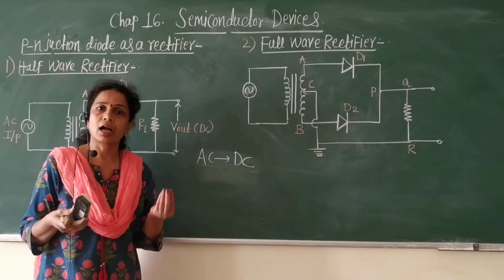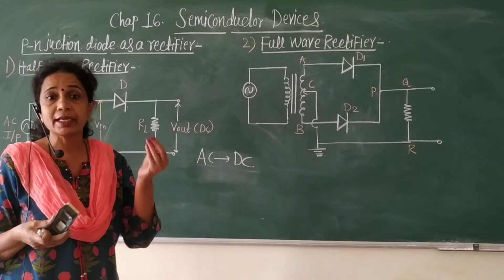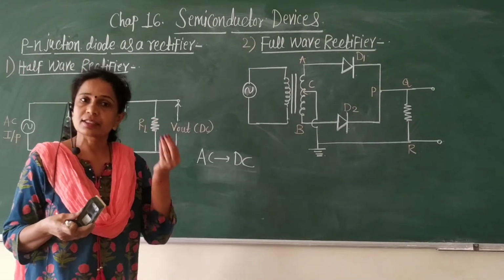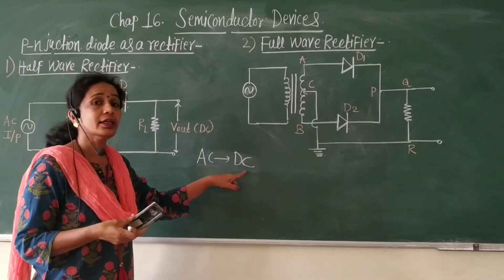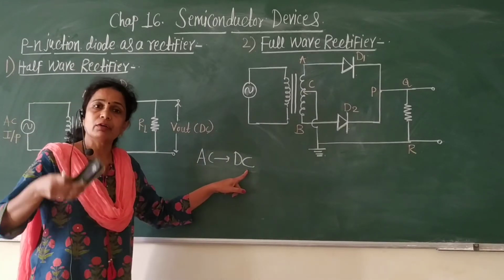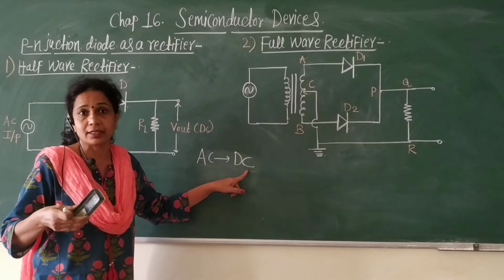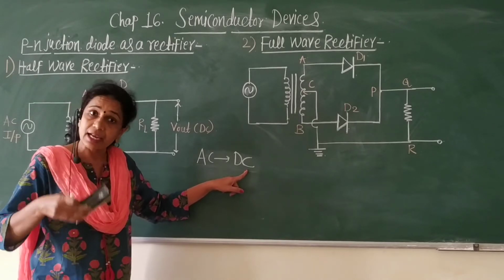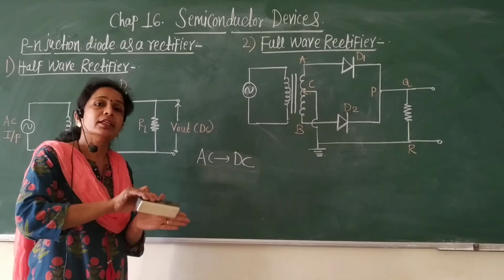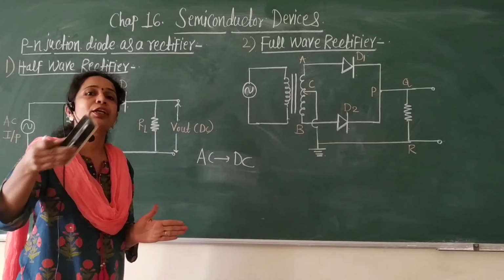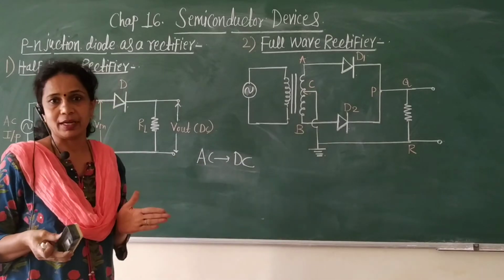Because in our home, there are many electronic gadgets such as TV and mobile charger that require DC supply. In our home, AC supply is available and therefore we have to convert this AC supply into the DC supply.